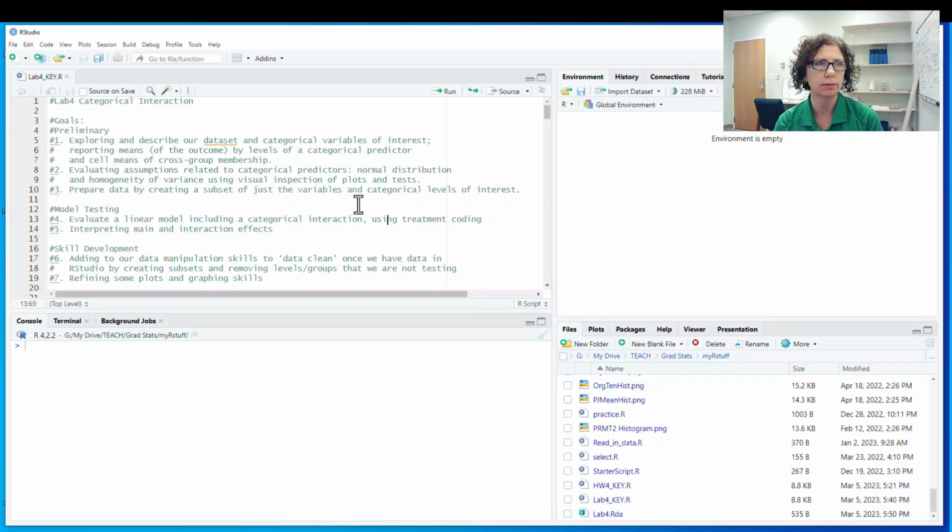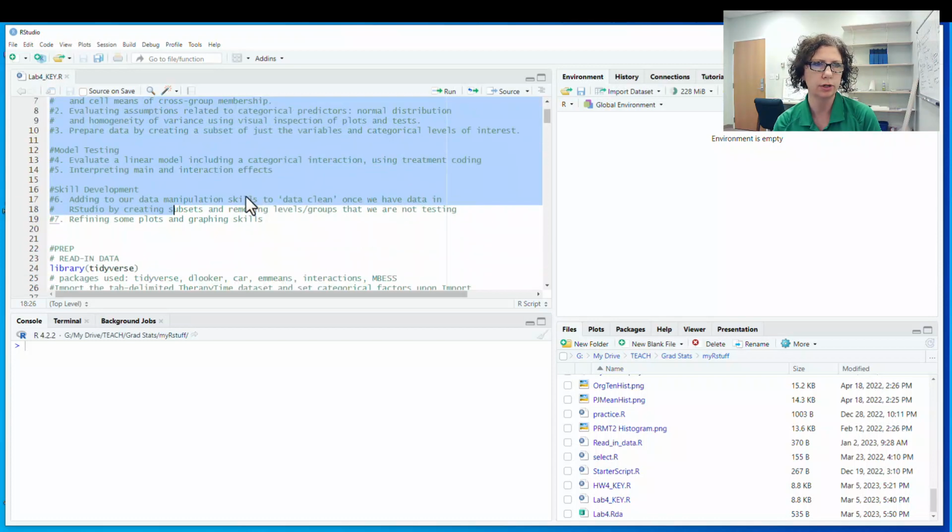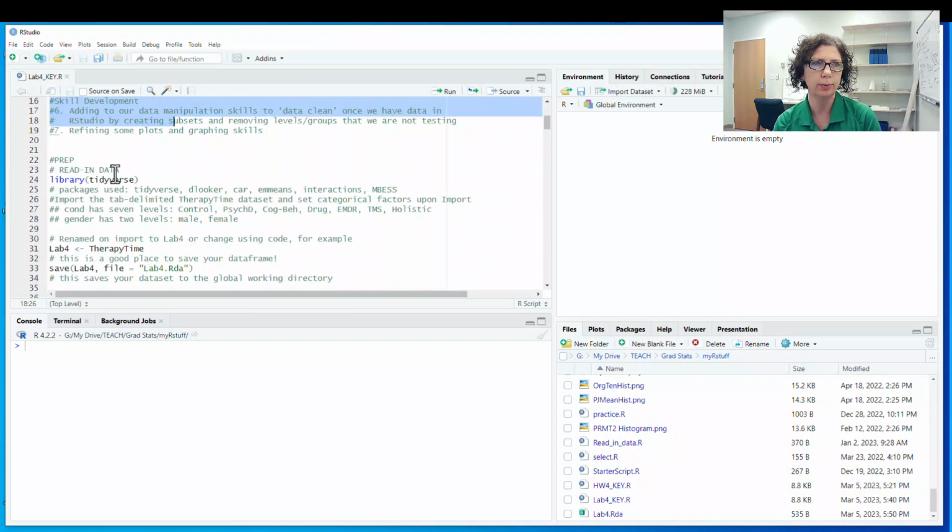So our goals, you'll need your Lab4 script. It starts with the goals that we're just talking about and prep, reading in the data. So I'll start by loading tidyverse. And the packages I'll be using are tidyverse, dlookr, car, emmeans, interactions, and effectsize.